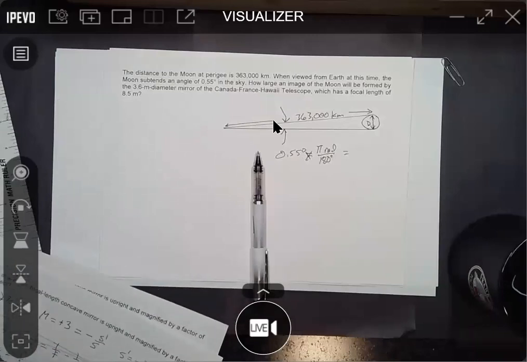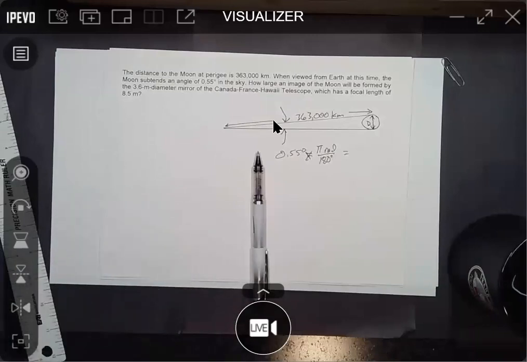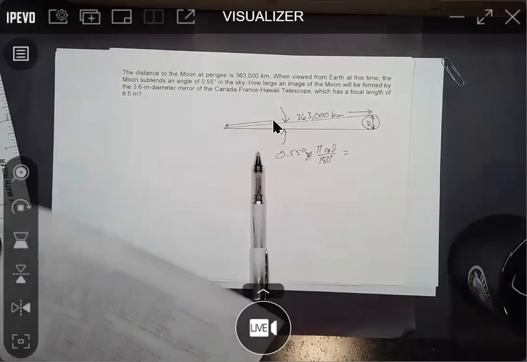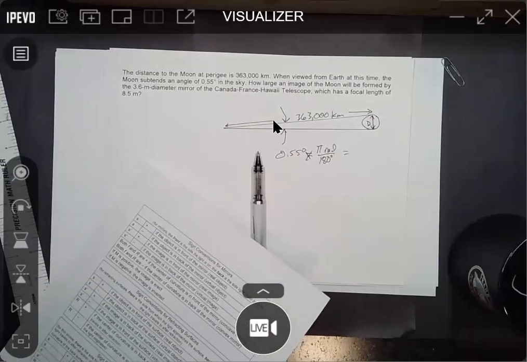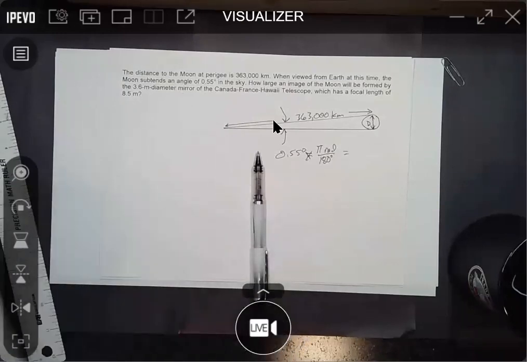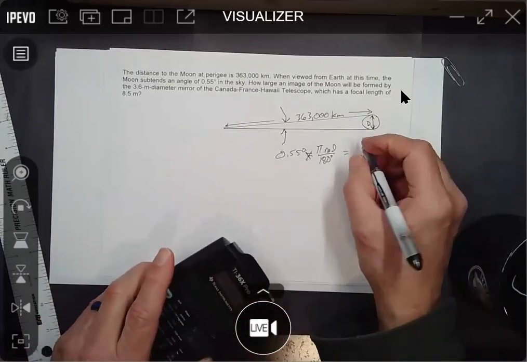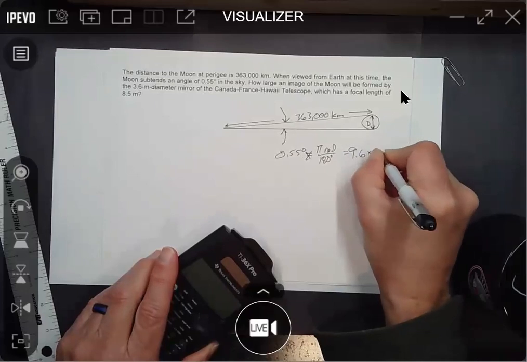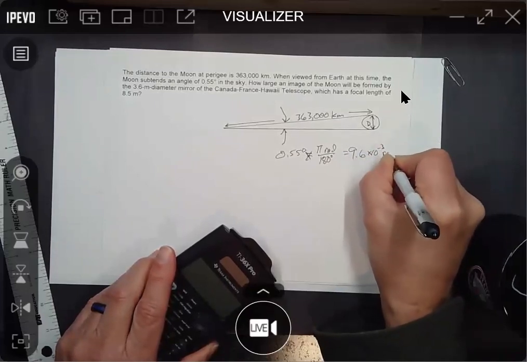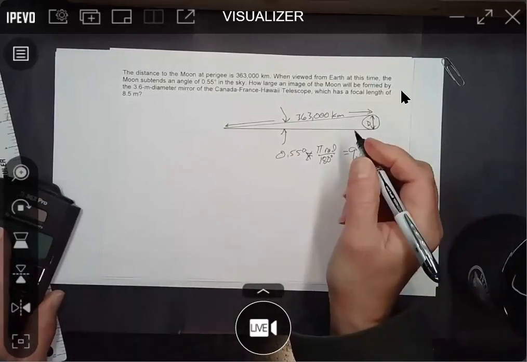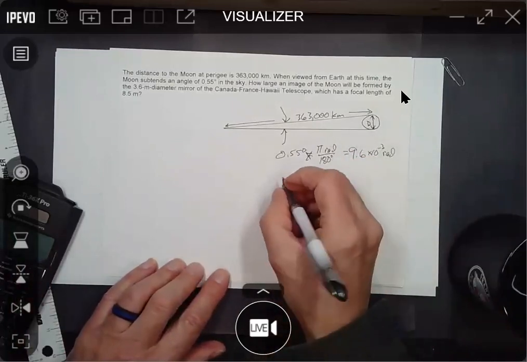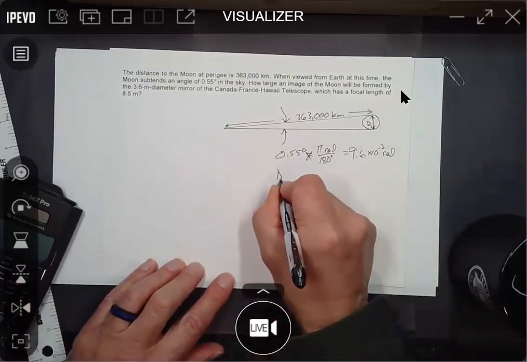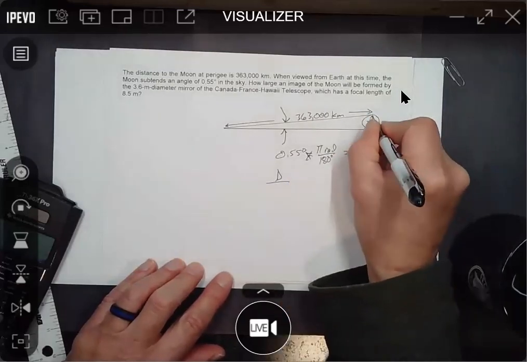Remember where that problem was. I solved this earlier. Okay, there we go. All right. Anyway, this is 9.6 times 10 to the minus third radians. Now, something I can say is that D, I can treat it like an arc length.